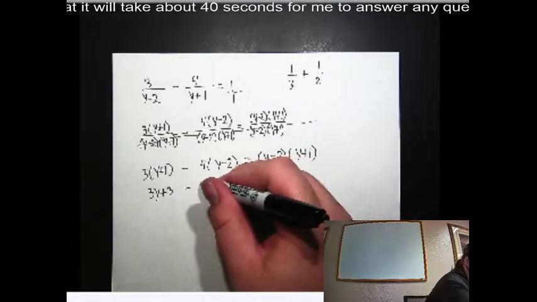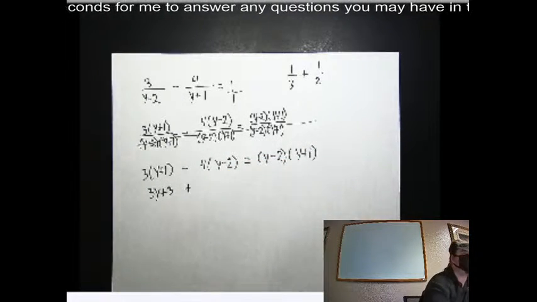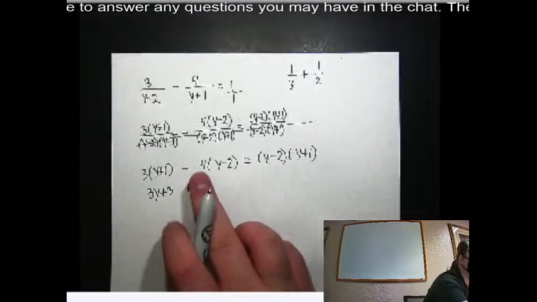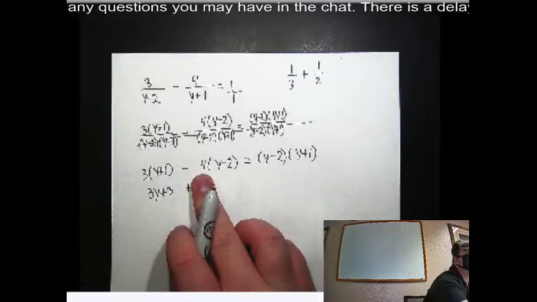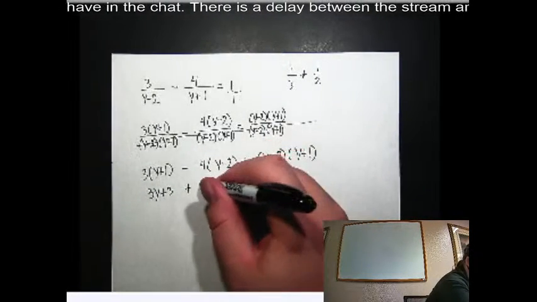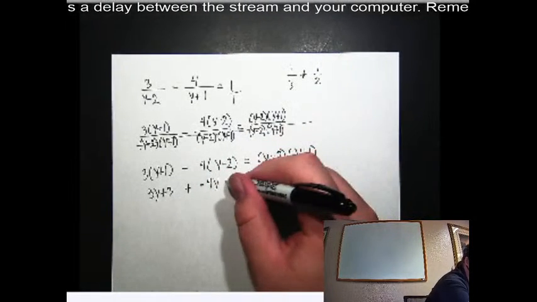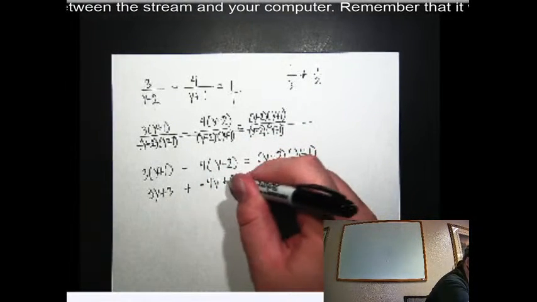Minus 4 times y minus 2, what's that going to come out to be? Let's be careful about something real quick. This should really be positive because this is a negative 4. So let's go ahead and distribute that in. So now we have negative 4y plus 8.